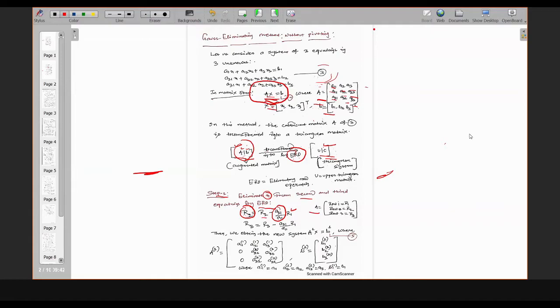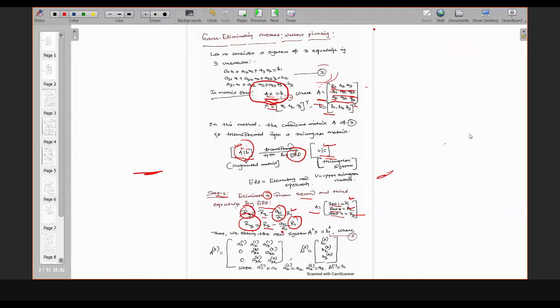In the A matrix, I had written row 1, then row 2, and row 3, so R1, R2, and R3. You can see here, this is the R1 element, this is R2, and this is R3. Then the elementary row operation I applied is R3 equals R3 minus A31 upon A11 times R1.